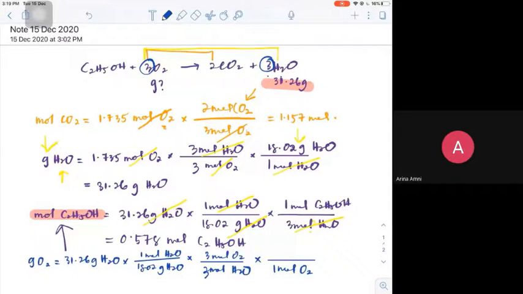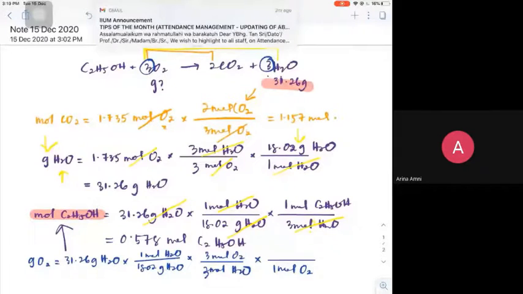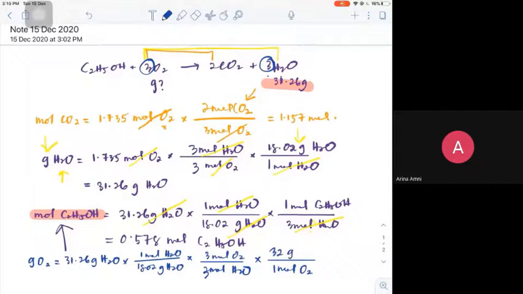Mass ke molar mass? Berapa? Molar mass. Then the value is? 32. 32 gram of oxygen. So this gram of oxygen is the same as our desired unit. Means that this is the last step, then press the calculator, we'll get the answer.